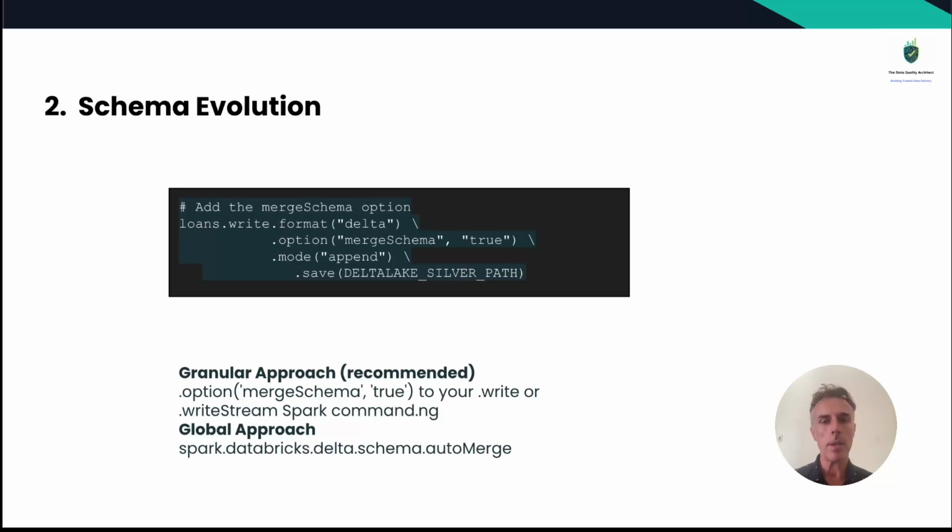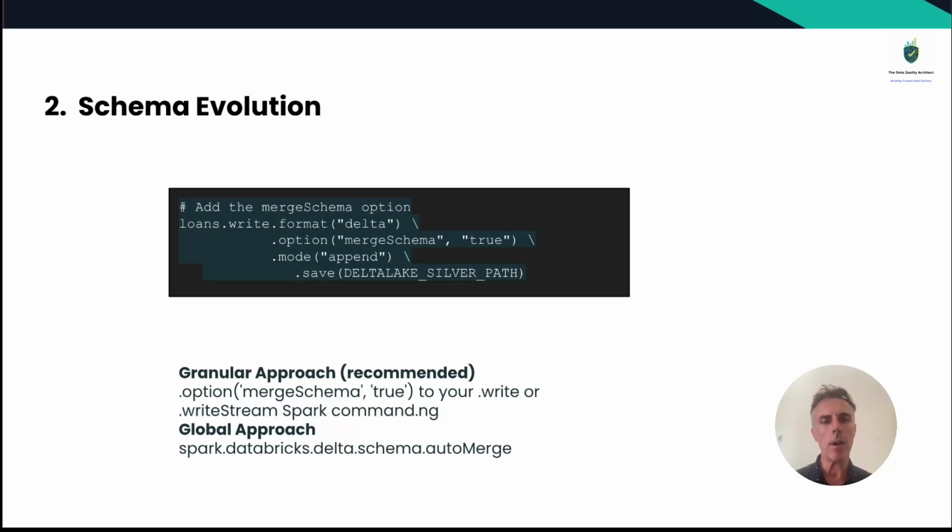Configuration-wise, schema evolution is activated by adding mergeSchema equals true to your write command on a case-by-case basis. This is the recommended approach because it provides precise control over which data operations can automatically evolve the schema.